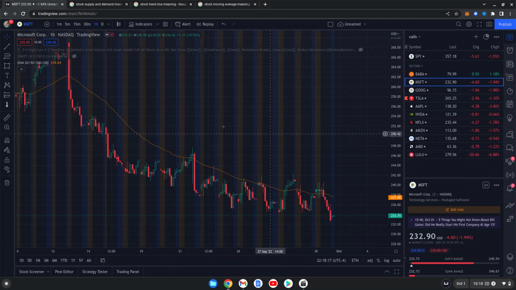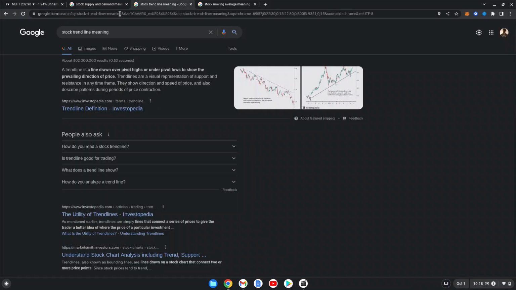So the first indicator that we're going to go over is our trend line. So first and foremost, what is a trend line? A trend line is a line drawn over pivot highs or under pivot lows to show the direction of price.